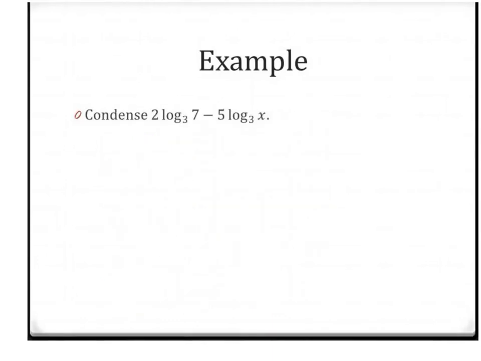So the next thing we want to look at then is condensing. And I would definitely start with these coefficients out front, okay? So this is going to become log base 3 of 7 squared minus log base 3 of x to the 5th.